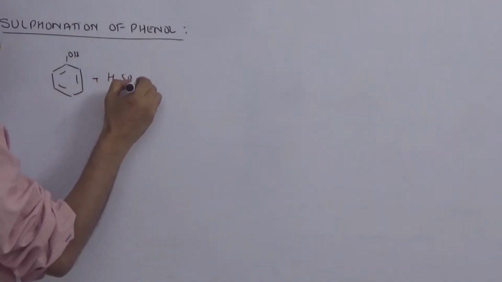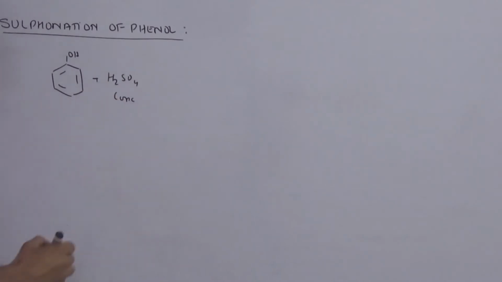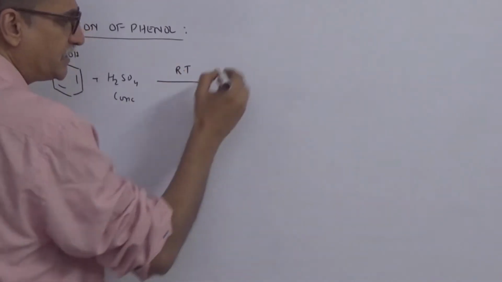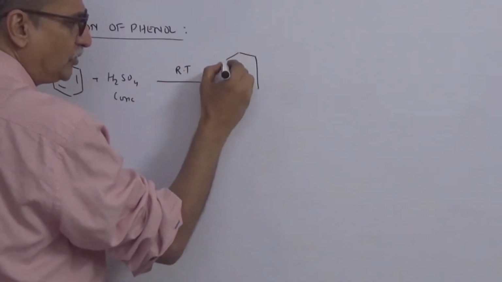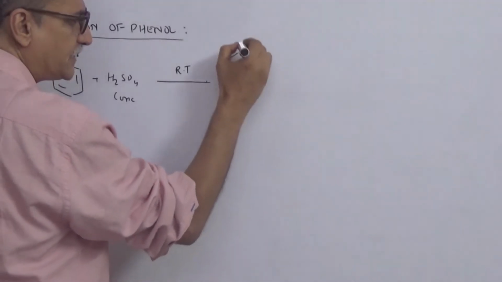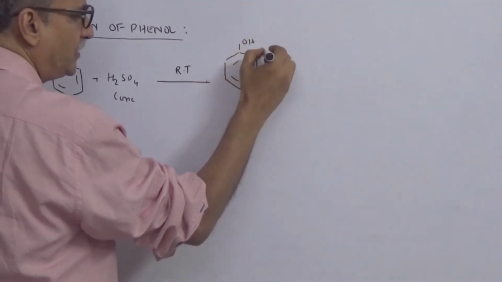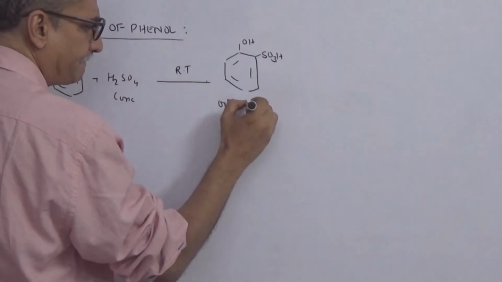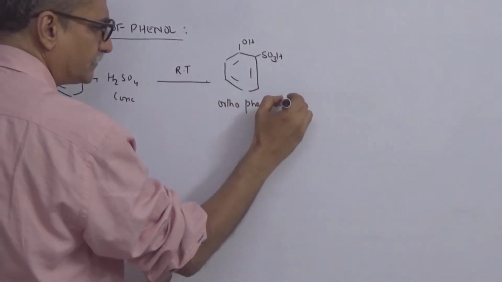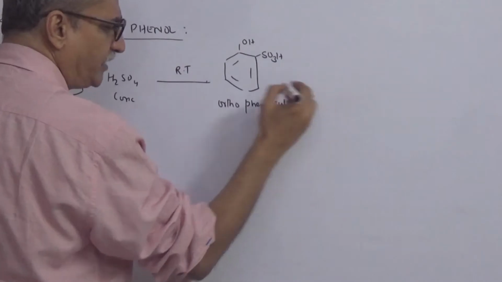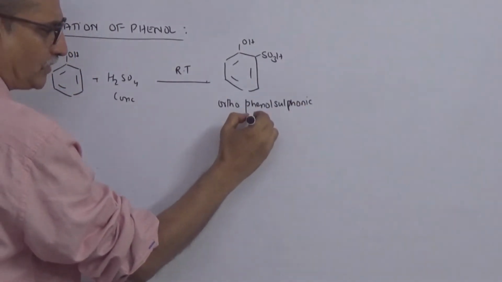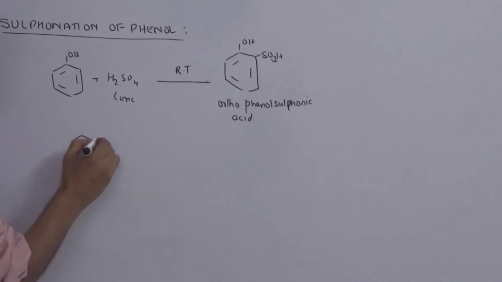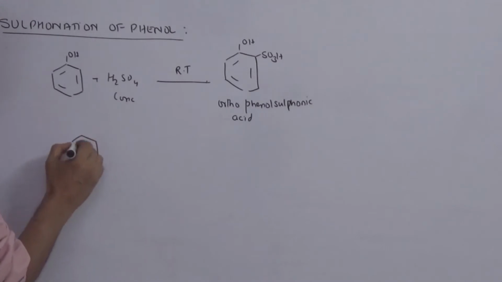Phenol reacts with concentrated sulfuric acid at room temperature to form orthophenol sulfonic acid.